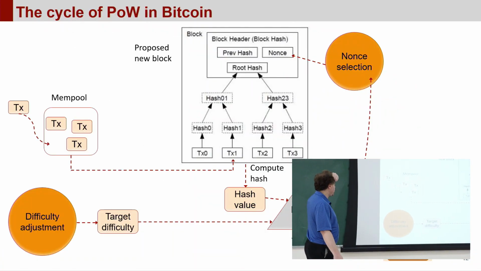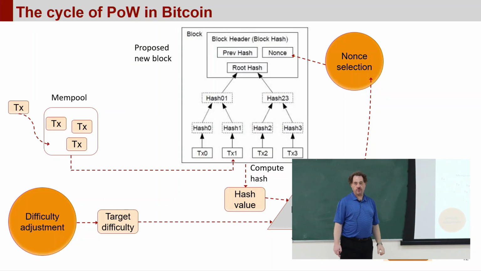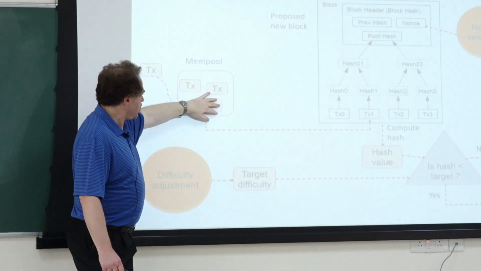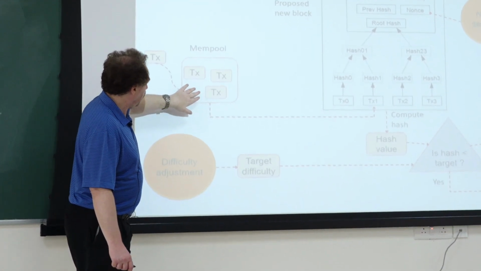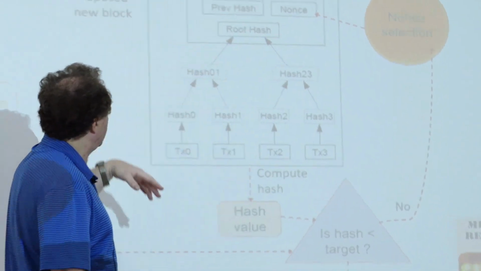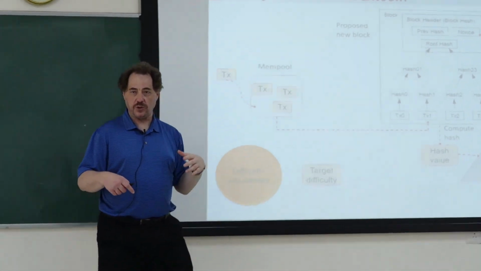That's another illustration of the cycle of POW of Bitcoin. There are 3 processes here which are happening in parallel. One process is that new transactions are coming all the time and entering the mempool. And then from the mempool, they're being added to the block being formed.